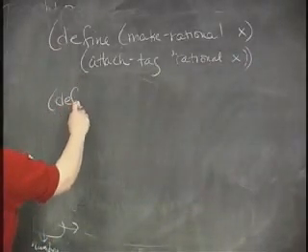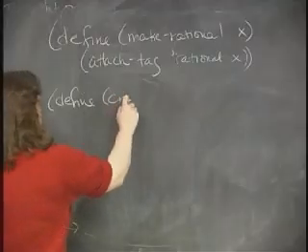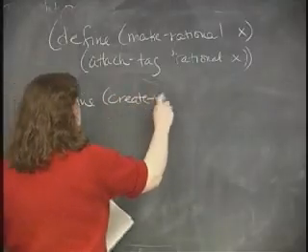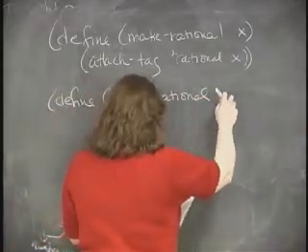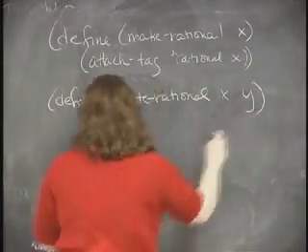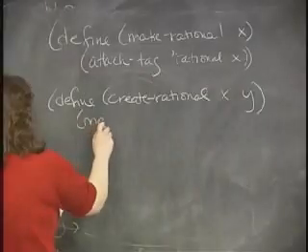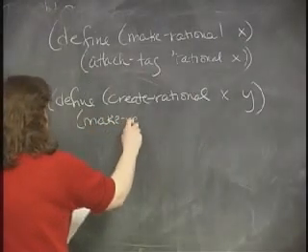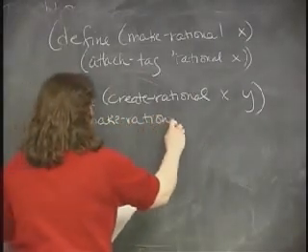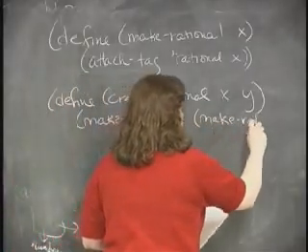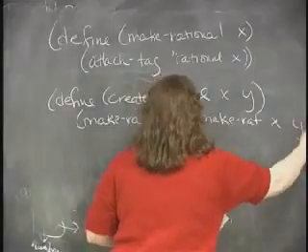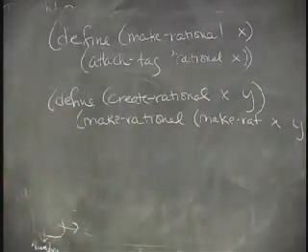And then we have define create rational. And create rational takes in an x and a y. And it makes a rational of the make rat of x and y.